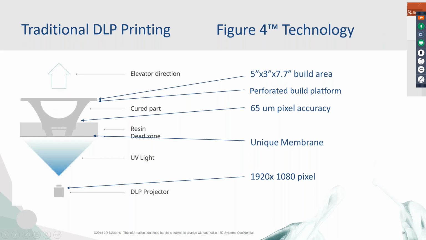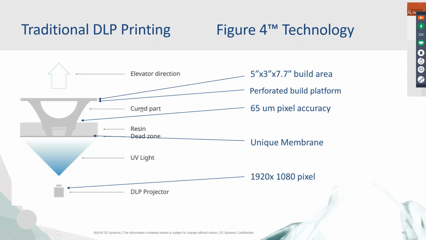We use a 1920 by 1080 projector, and the reason why we're able to have that 65 micron pixel is because we didn't stretch that projection onto a huge build platform or build area. So we're able to keep that accuracy and that small pixel reliable time and time again.